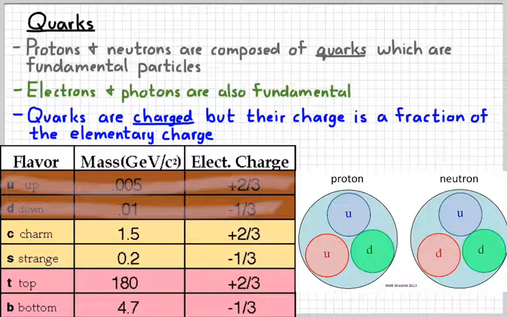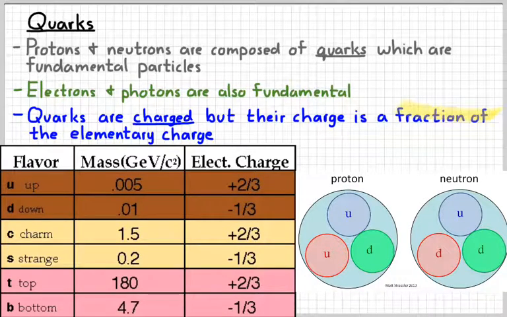Whereas a neutron is 2 downs and an up, which you can see would give you a charge of 0. That's a little bit beyond what we actually need to know for this particular class. What we really need to know is that protons and neutrons are made of quarks, and that quarks are charged with some fraction of the elementary charge. So those are the two facts we need to know there.